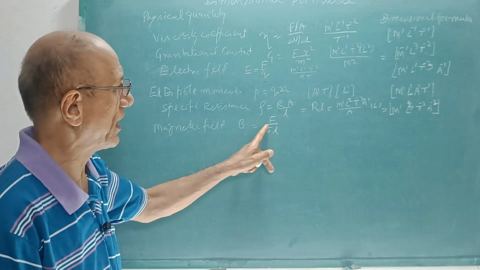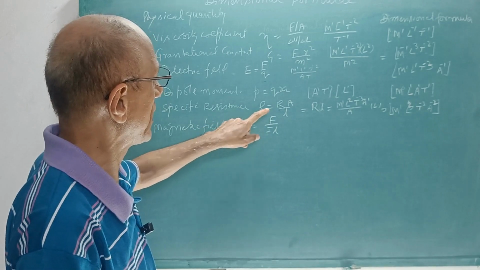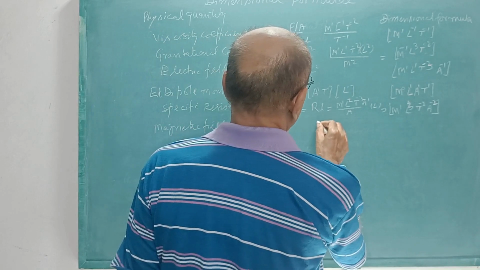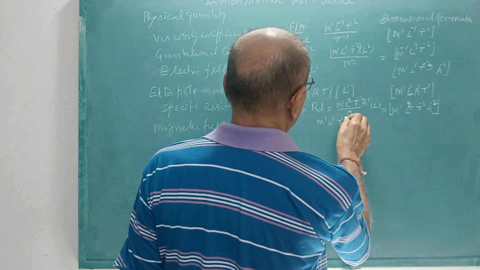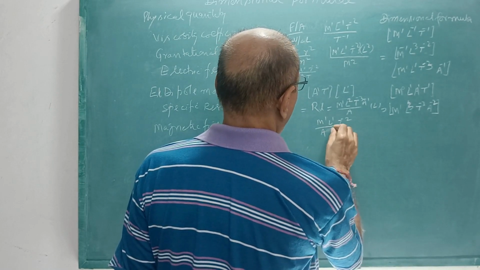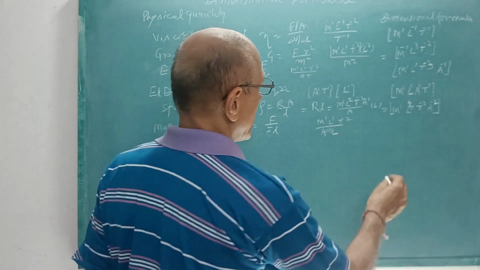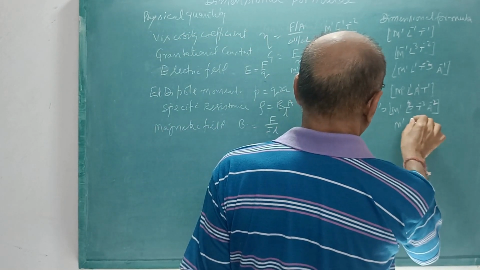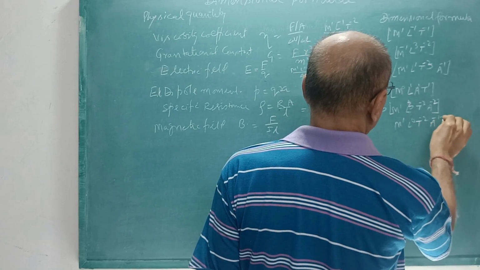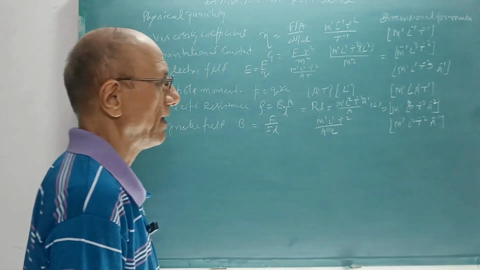So ILB is equal to F. So you can find B equals to F upon I into L. So F is M1 L1 T minus 2 divided by A into L. So this L will get cancelled out. You will get M1 L0 T minus 2 and A minus 1 will be the magnetic field.